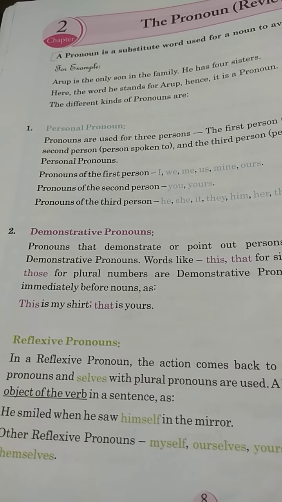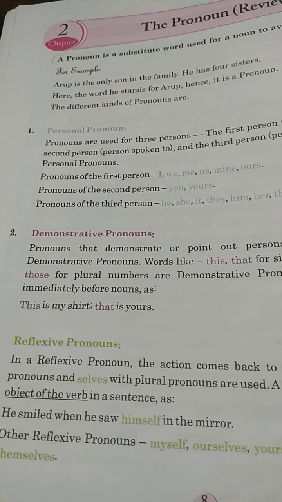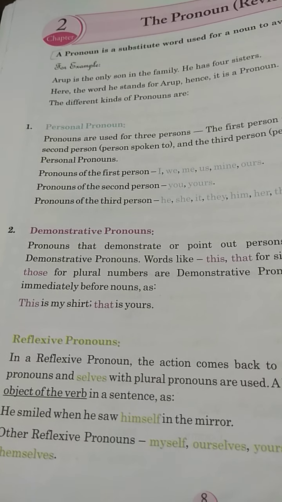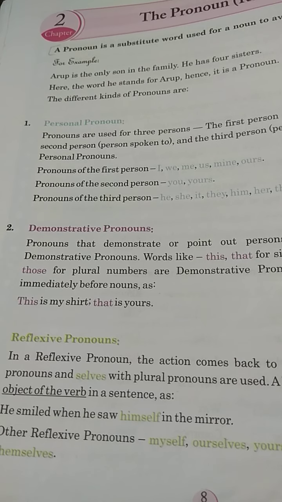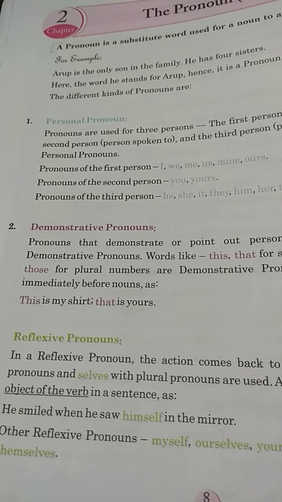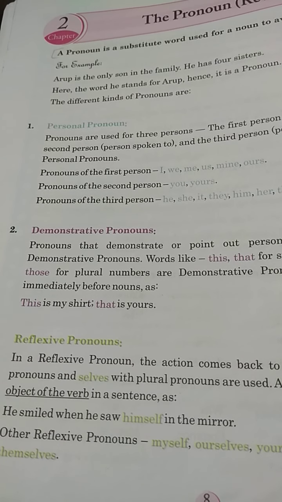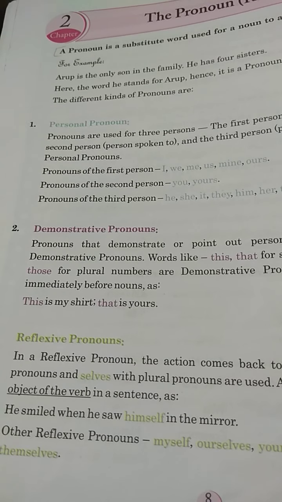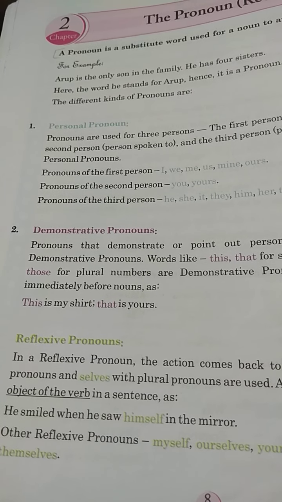Now, the different kinds of pronouns are personal pronouns, demonstrative pronouns, reflexive pronouns, interrogative pronouns, emphasizing pronouns, relative pronouns, indefinite pronouns. Now, let's go through all the pronouns in detail.